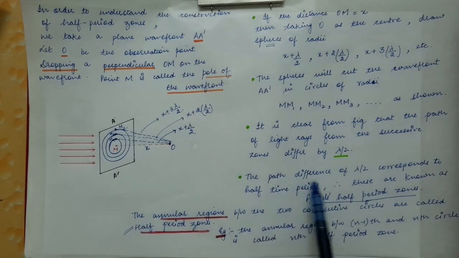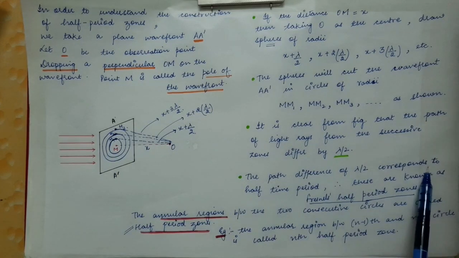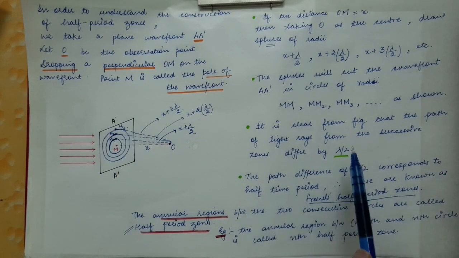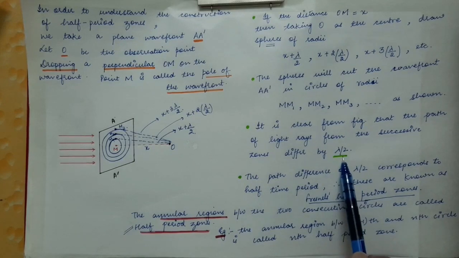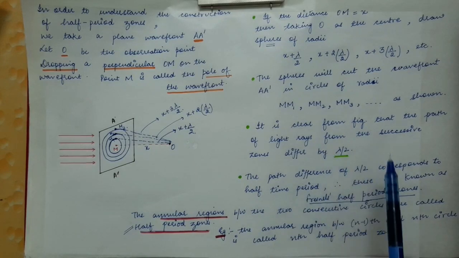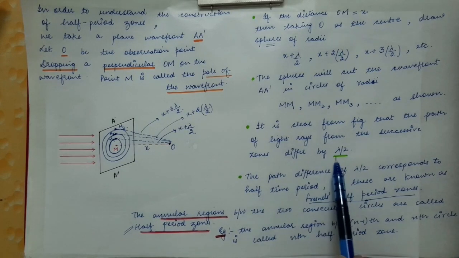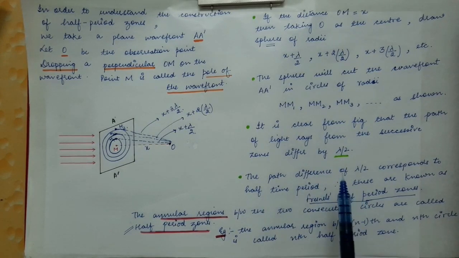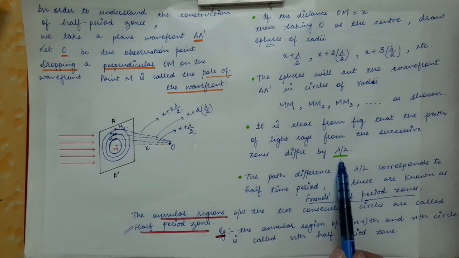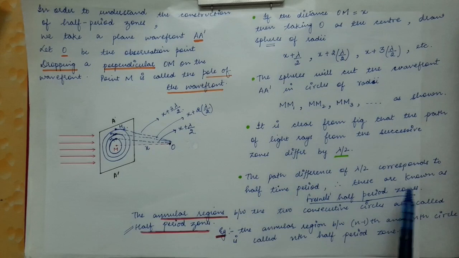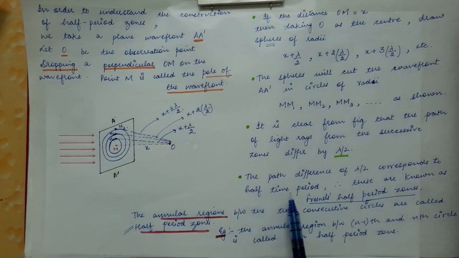The path difference of lambda by 2 corresponds to half time period. If there is a lambda by 2 path difference, it corresponds to half wave, which means half time period. So lambda by 2 is the half wave, so it can be a crest or just a trough. It represents half wave, and it also corresponds to half time period.